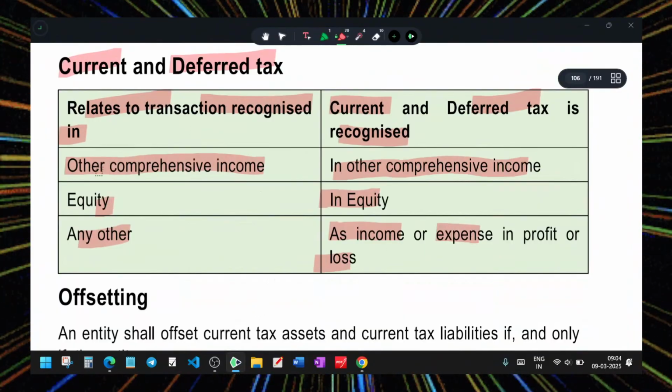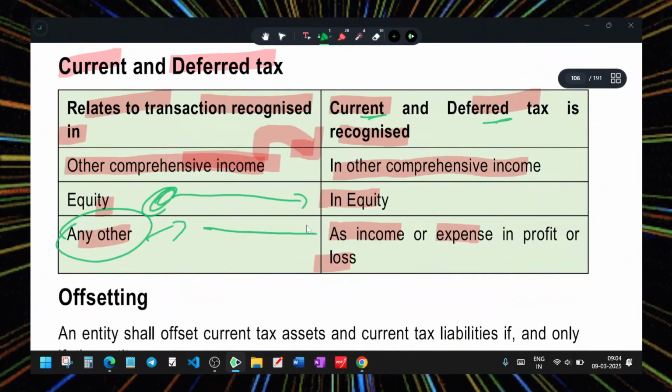If the transaction is in other comprehensive income, you can show it there. If you have a transaction in equity, you can do that in equity. Otherwise, the current and deferred tax should be taken to income and expense of the profit and loss account. You should not go to comprehensive income.